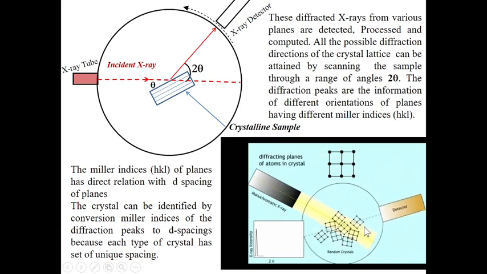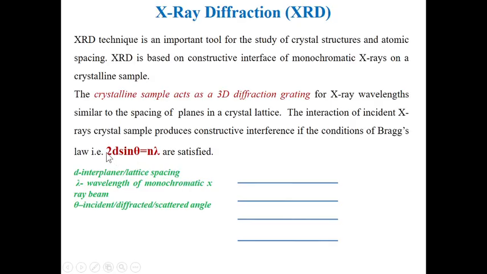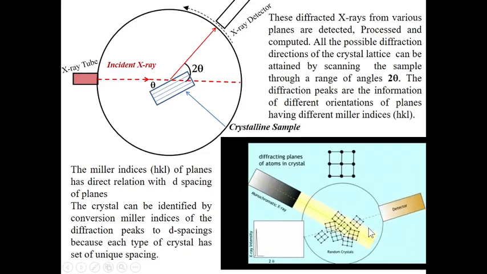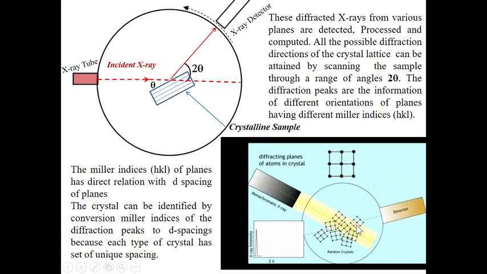So what is happening, you have to observe carefully here. The detector is rotating, meaning this 2 theta value changes. From the formula 2d sin theta, if 2 theta is changed, theta obviously is going to be changed. So when the detector is rotated, you can see that the crystallite planes are also going to be rotated.